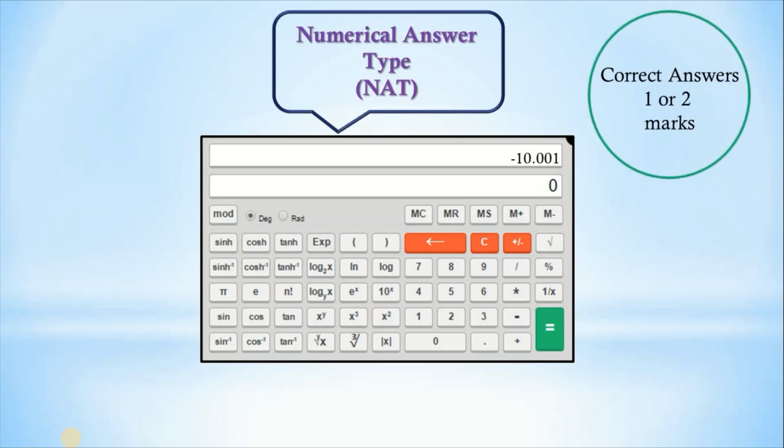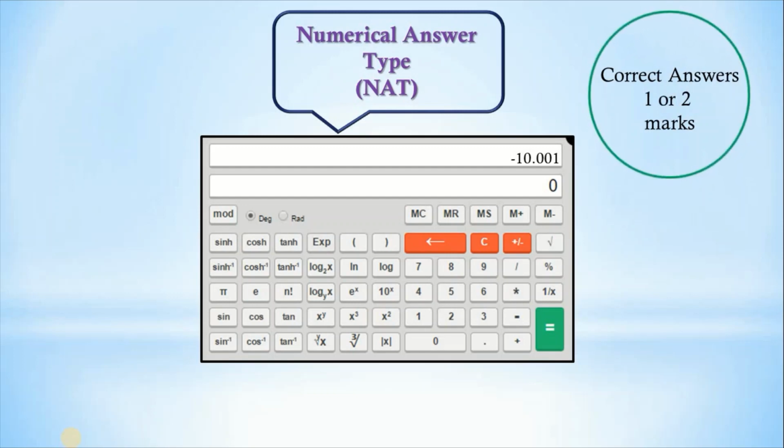These questions will mention up to how many decimal places the candidate needs to present the answers. Also, for some NAT type problems, an appropriate range will be considered while evaluating these questions so that the candidate is not penalized due to the usual round-off errors.